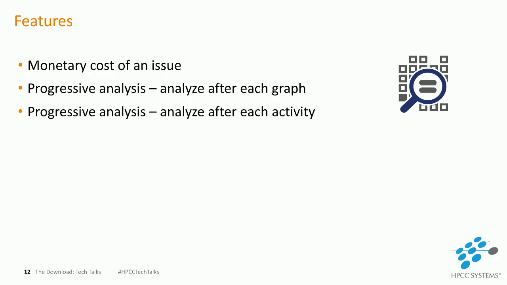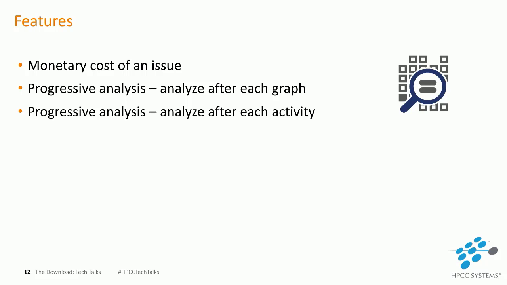Now, in the cloud environment, where we know how much the resources cost, we can configure that within the system and provide the actual cost of running a particular issue. So if an issue costs an extra 10 minutes on a large cluster, then it can say, okay, this is costing you this many hundreds of dollars. So that's one of the goals.